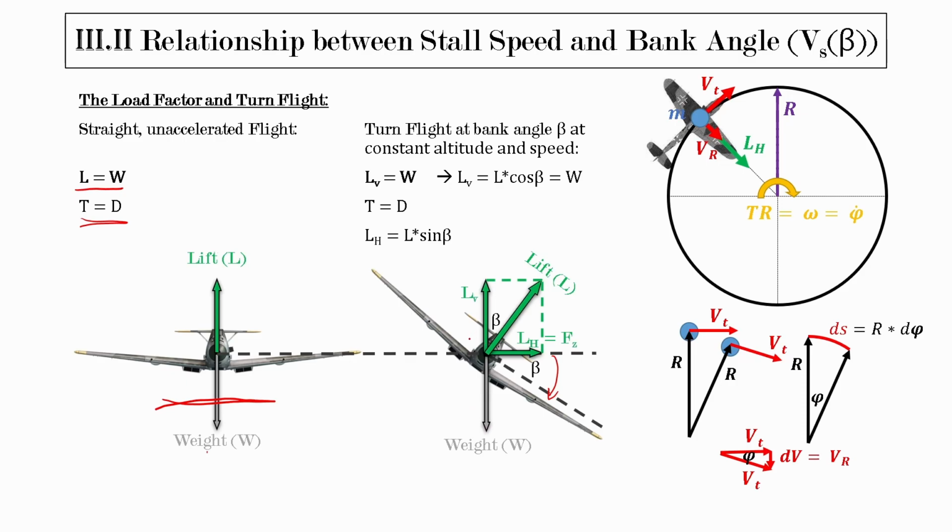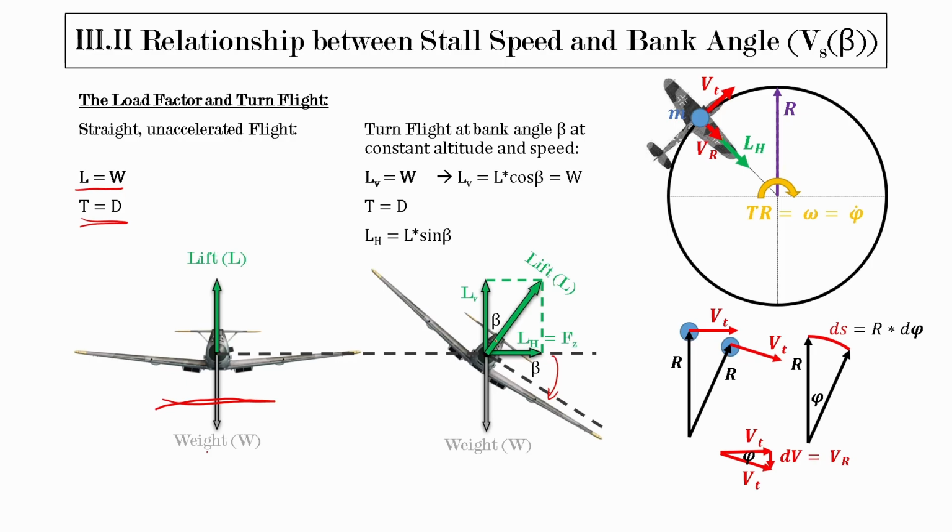If we don't do anything, if we just bank here and tilt the lift vector, what would you expect to happen? Well, the aircraft would drift slightly to the left, and it would also sink, because looking at the lift vector, we still have a component that is opposite and parallel to weight, which is our vertical lift component, and we also have a horizontal lift component.